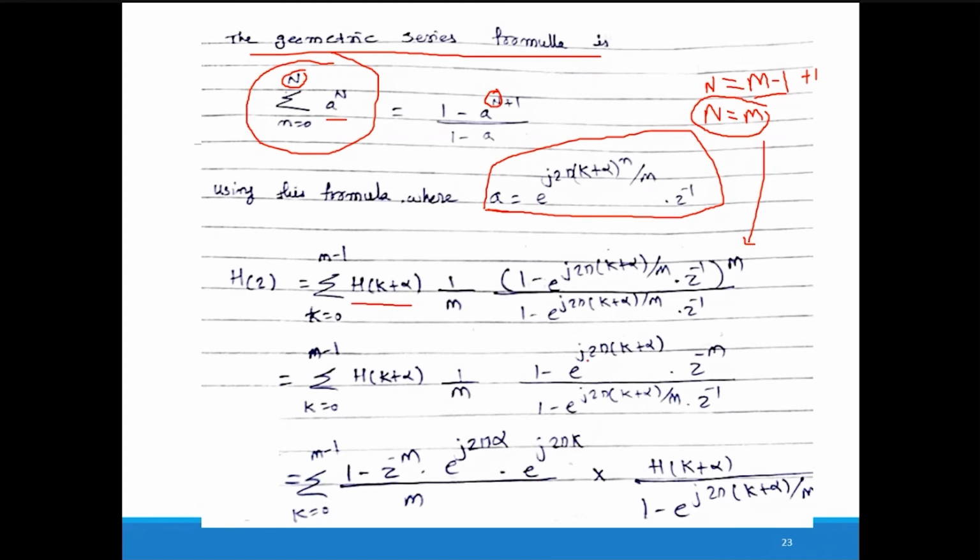This is nothing but expansion of this equation: 1 minus z raised to minus m, into e raised to j 2 pi k into e raised to j 2 pi alpha divided by m. And second term is h of k plus alpha divided by 1 minus e raised to j 2 pi k plus alpha divided by m.